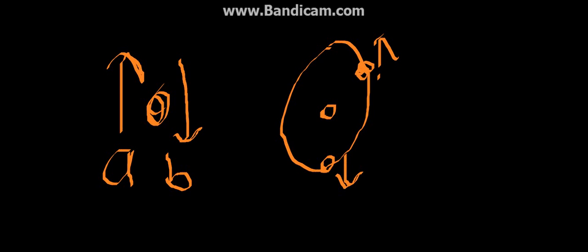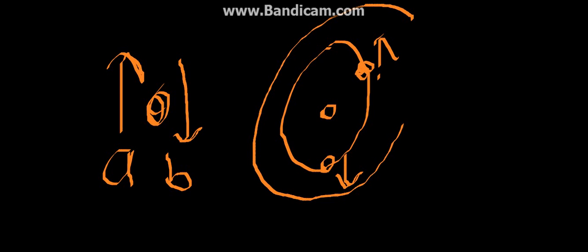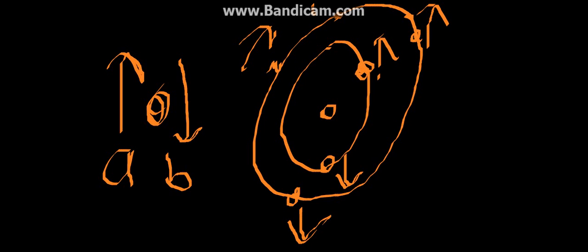And this here is the first electron separation field. Suppose it has 4. This is a second separation field, and that's basically how spin works.